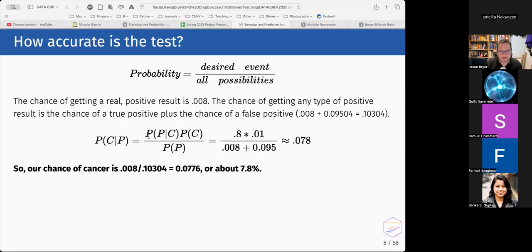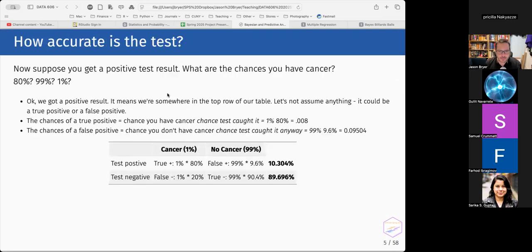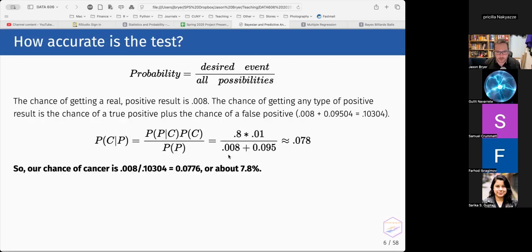When we think about probability, we're thinking about the ratio of the desired event against all possibilities. So if we take Bayes' formula and simplify it, and I'll show it in a second, what we want to know is the probability of cancer given a positive test. What do we know? We know the probability of a positive test given cancer.